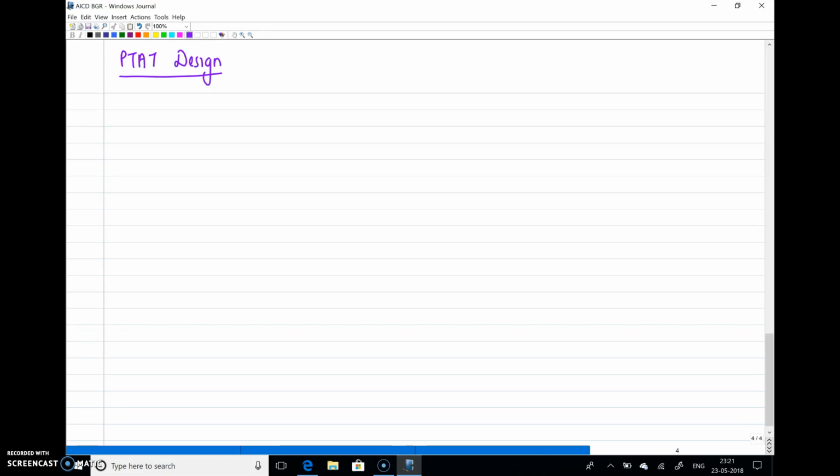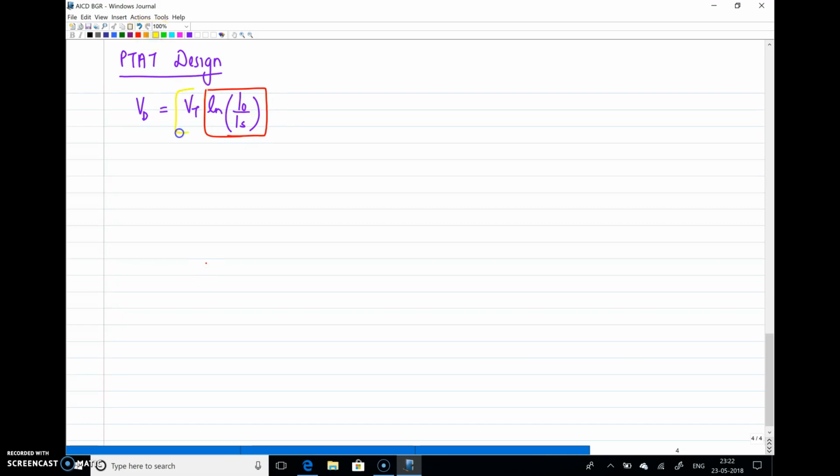So we'll again go ahead with some diode circuitry only. From the diode equation, Vd equals Vt ln(I0/Is), we have seen that the second term is strongly temperature dependent, and that is why it shows CTAT behavior.